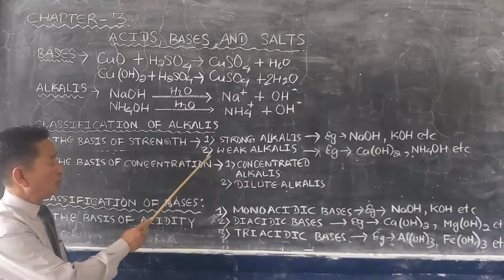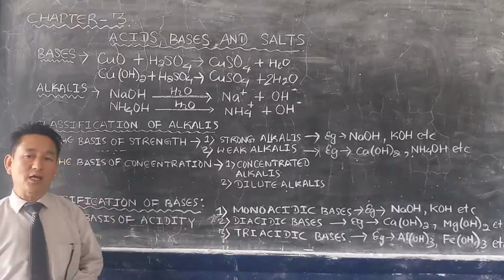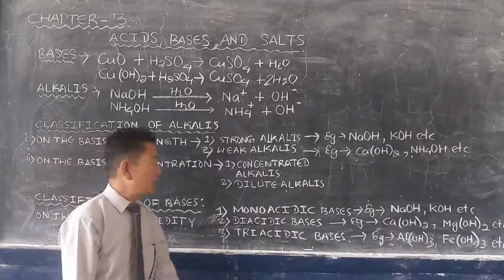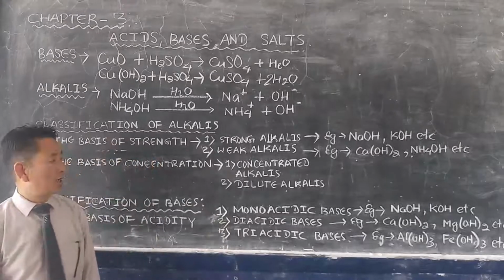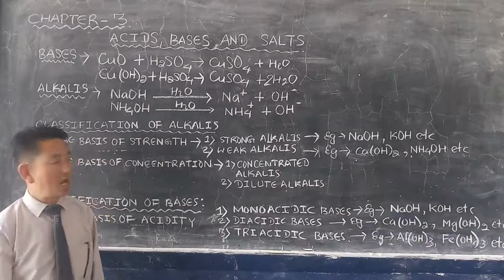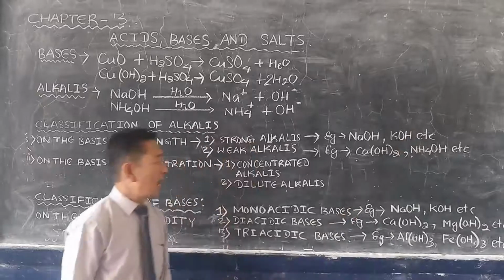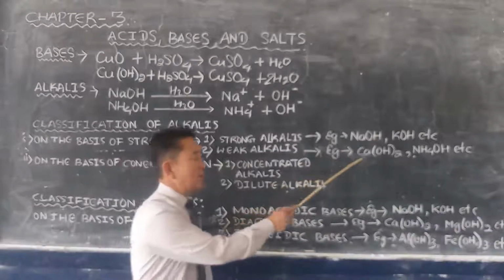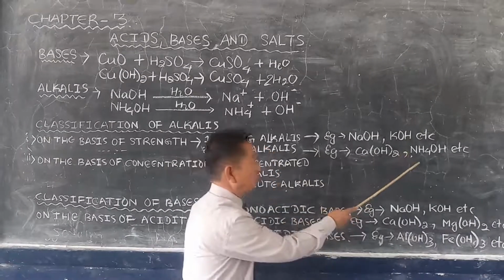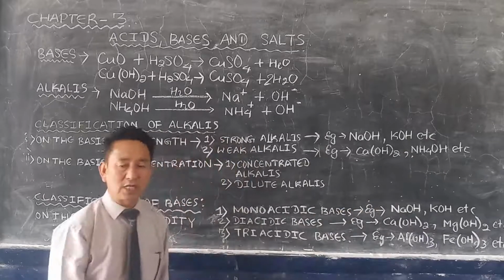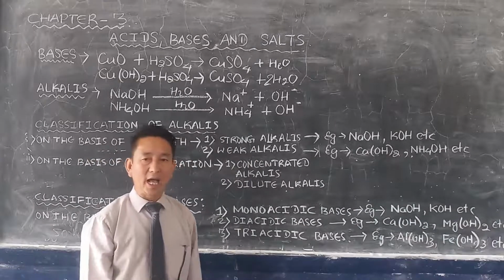And next, weak alkalis. Weak alkalis are those alkalis which when dissolved in water partially dissociate, thereby producing a low concentration of hydroxyl ions.